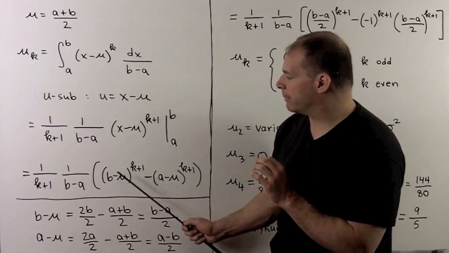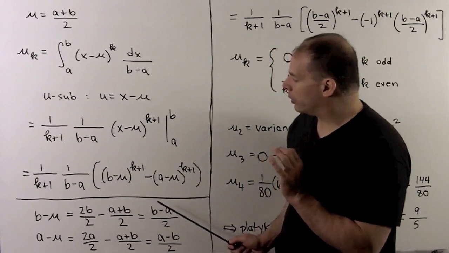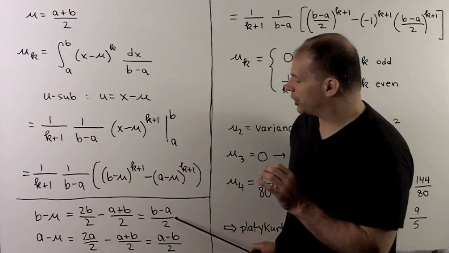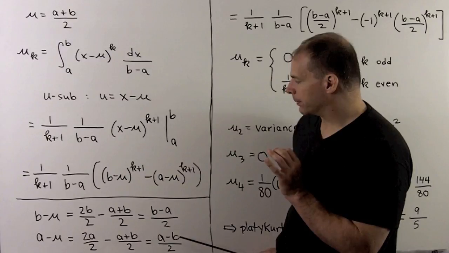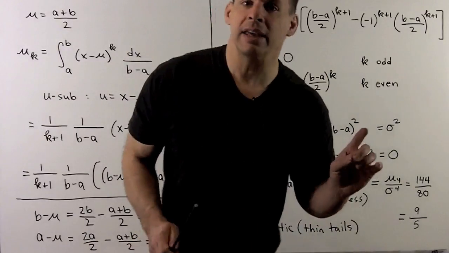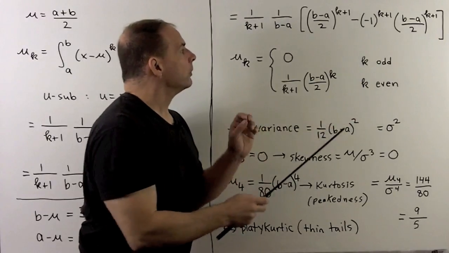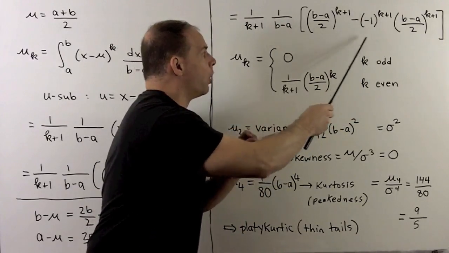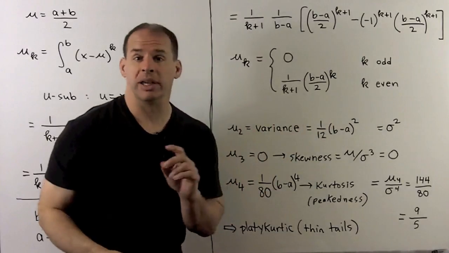So we want to work out b minus mu and a minus mu. We note we'll have (b minus a) over 2. Then for a minus mu, we're just going to have the negative of that. Now, that gives this expression. We'll note when k is odd, this becomes a negative 1, and then we're taking the difference of two items that are equal. So we get 0.